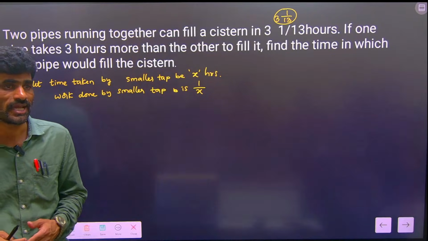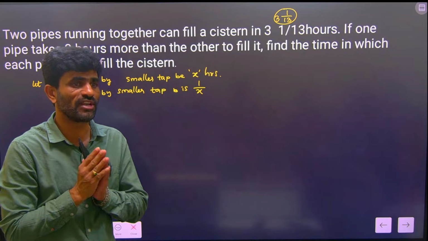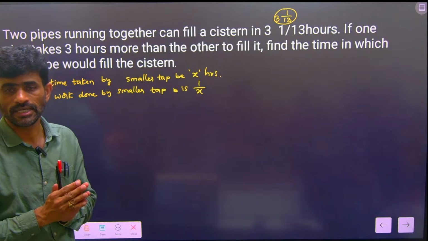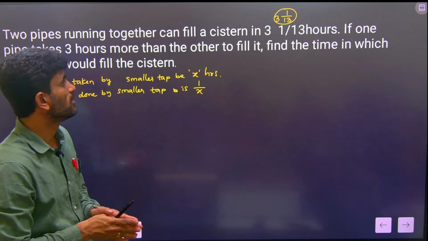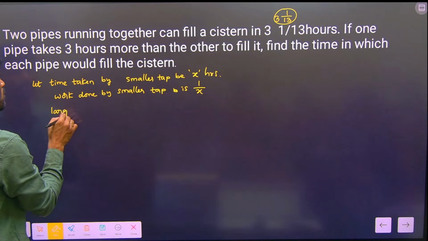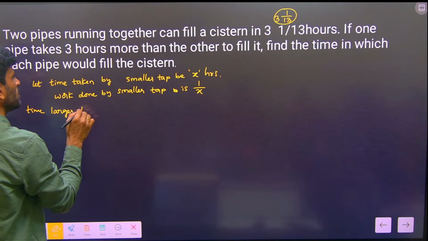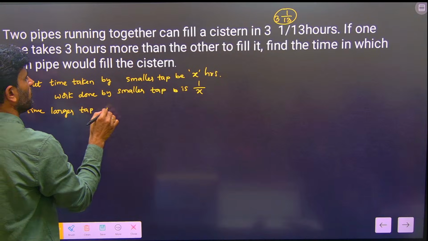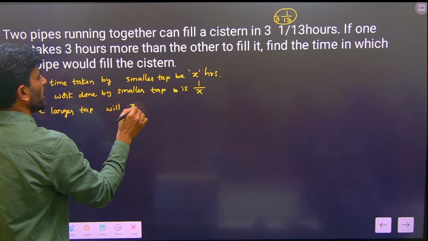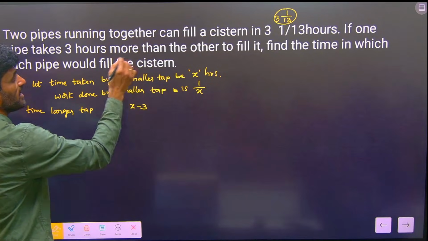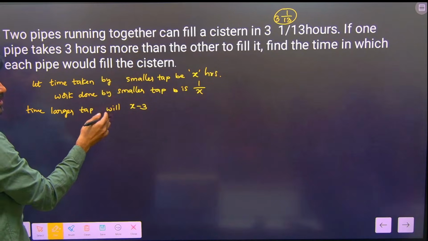Larger tap fills quickly. So time taken by larger tap will be x minus 3, because here it is given more, but we took it the other way.